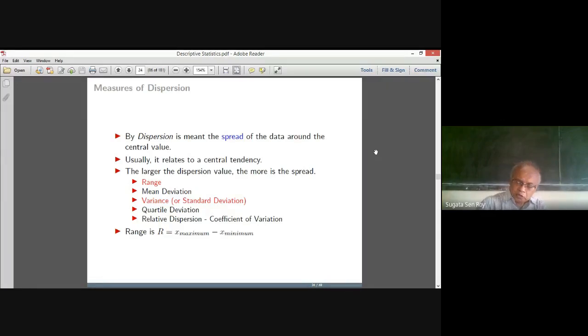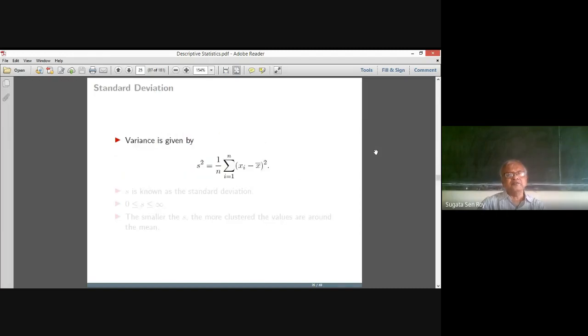Okay? To look at the spread, we generally look at the variance. Okay? And the variance is a formula like this. So I'll not go into the formula for this. It's going to be non-negative. But it's something like we take the deviation of all values from the mean value. Okay?